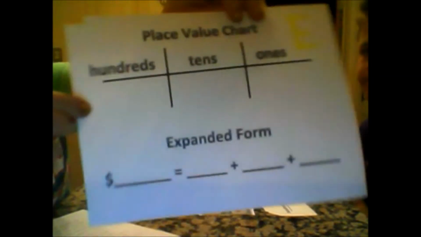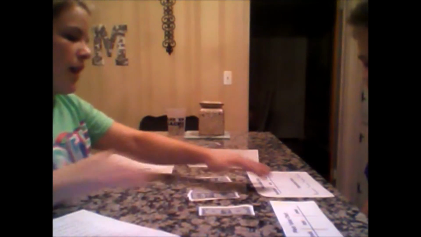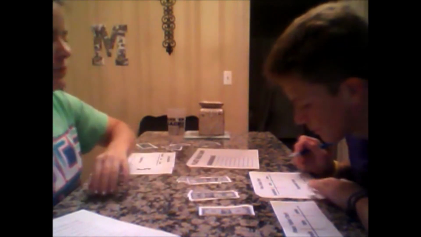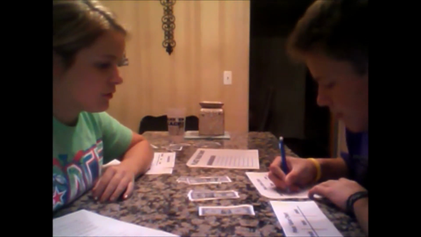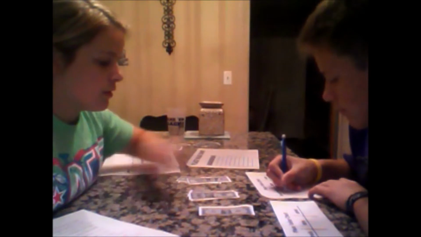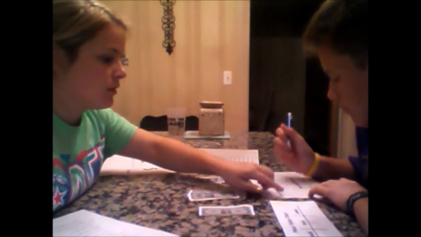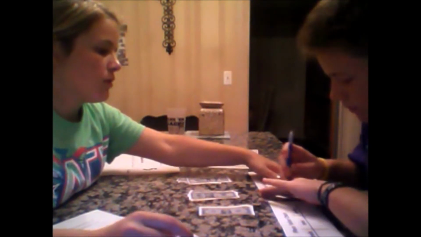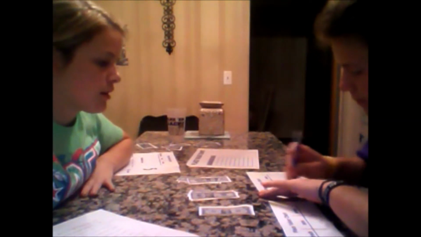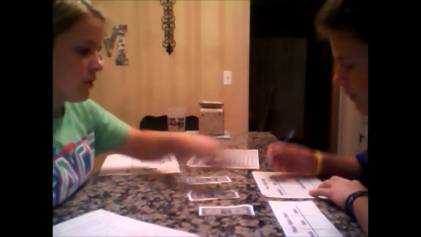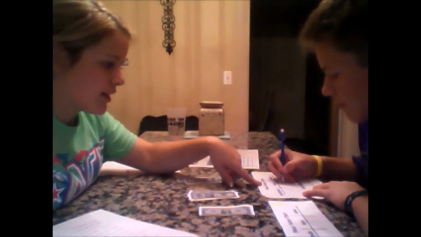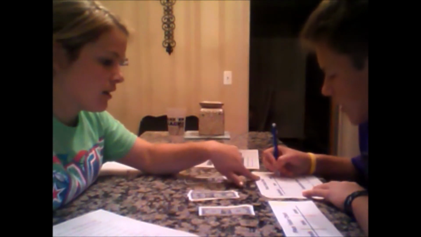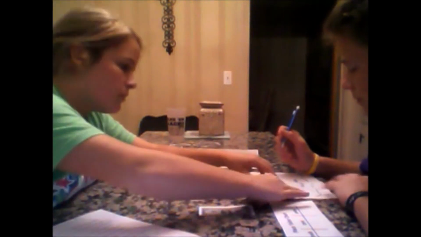So I'm going to go here, and we're going to write it in expanded form. So I want you to transfer over. How many hundreds did we have? 4. So it'd be 400. No, just write 4 here. Copy it just like this. So 4, 3, 1, and then we'll make it 400 down there. So there's 4 hundreds, 3 tens, and 1 one.